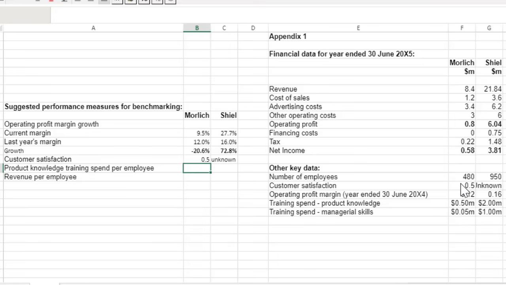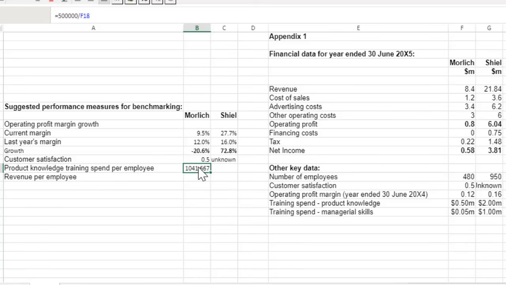Product knowledge training spend per employee. Well, do we have the spend on product knowledge? Sure we do. $500,000. But we have the employees presented in a different precision. The training spend is rounded off. So we'll need to do that by hand. I'm going to type in 500,000. Then I can divide by the number of employees.